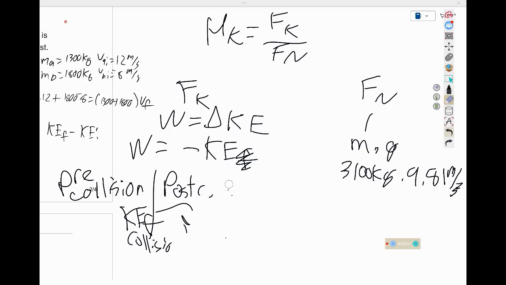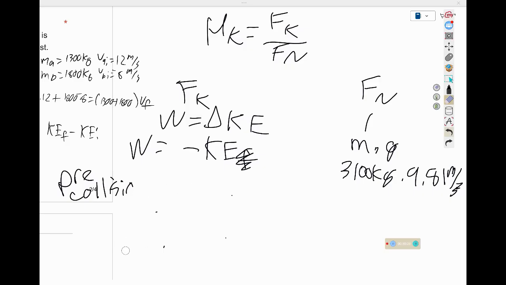When we're talking about the final kinetic energy in terms of the collision, we're talking about how much kinetic energy the two Zambonis had directly after the collision. Friction then brings them to a stop in 12 meters. So what we just computed as the final kinetic energy now becomes our initial kinetic energy for the purposes of our friction problem. So we have negative kinetic energy there.